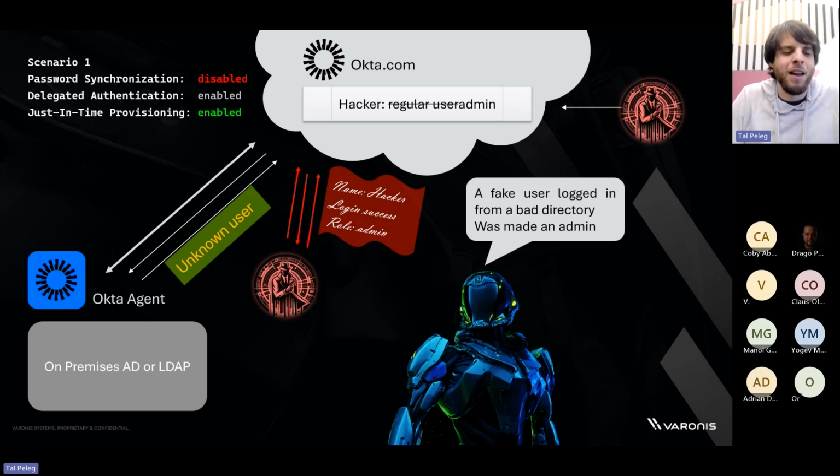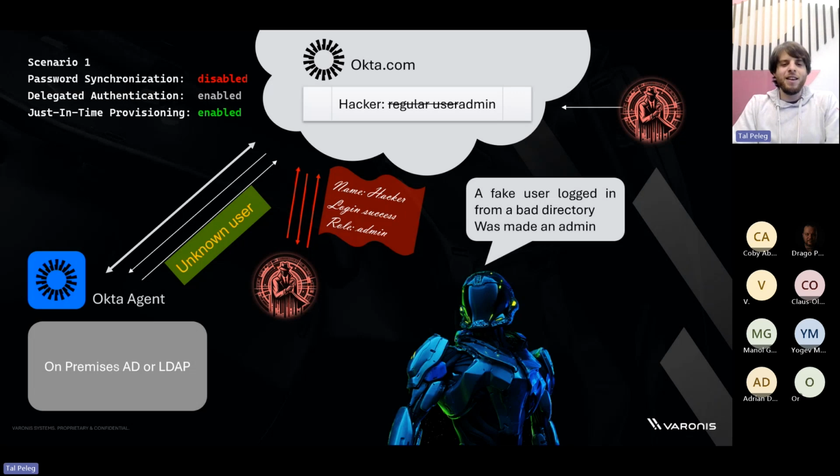An attacker that compromised the Active Directory would be able to try to log in as a fake user, a user that doesn't even exist in the directory. In this example, the attacker is trying to log in with the name hacker, and can set its role in the Active Directory as admin, hoping that users that have this role in the Active Directory are also administrators in Okta, and in this way escalate their privileges inside of the cloud.